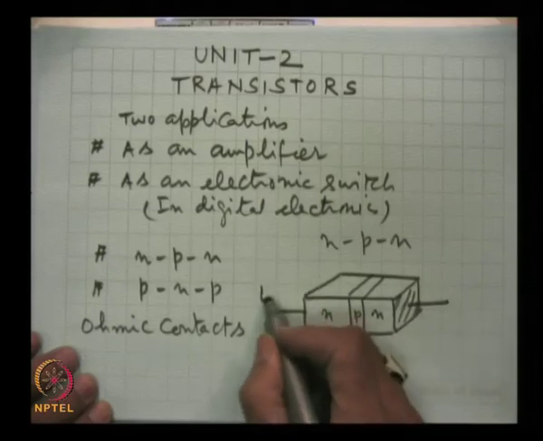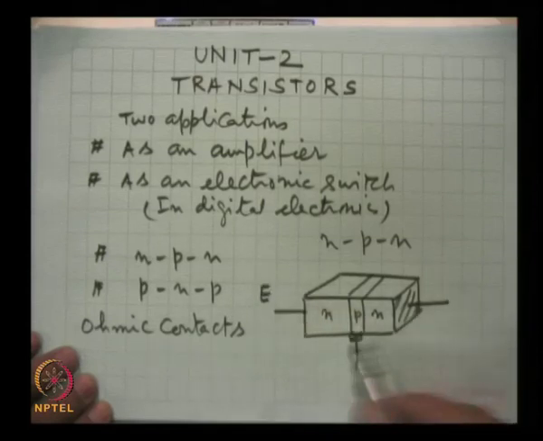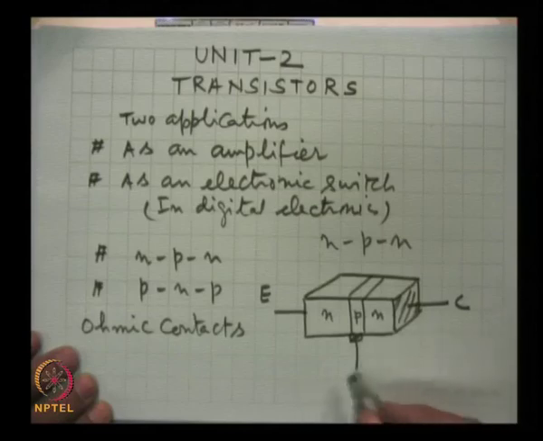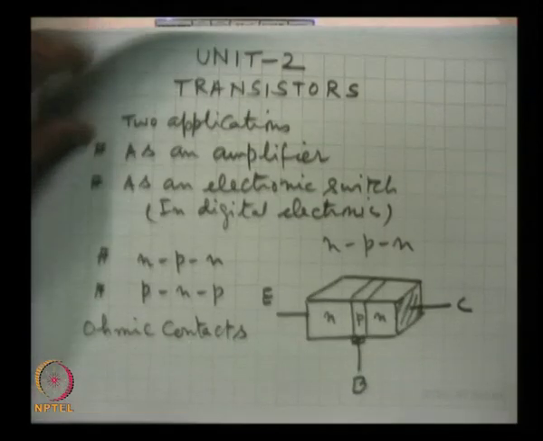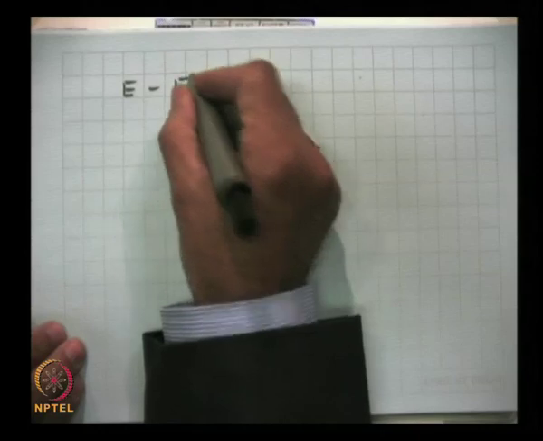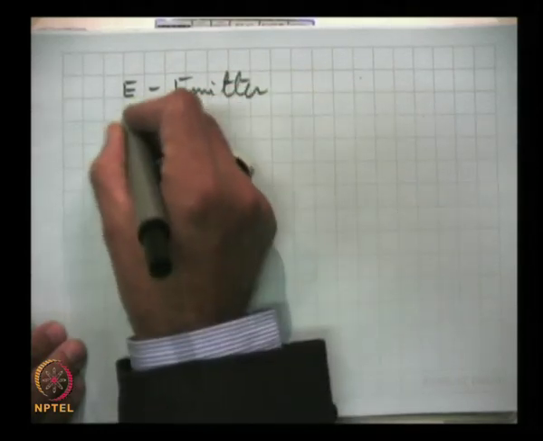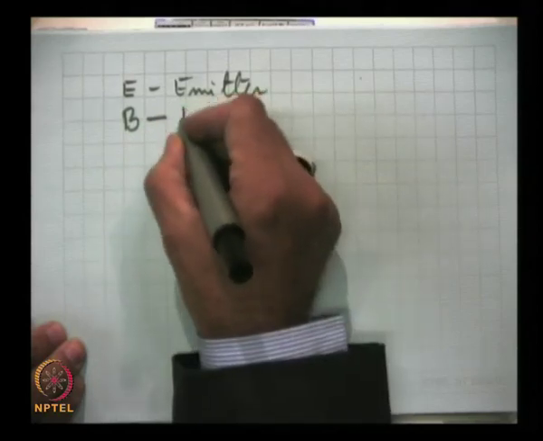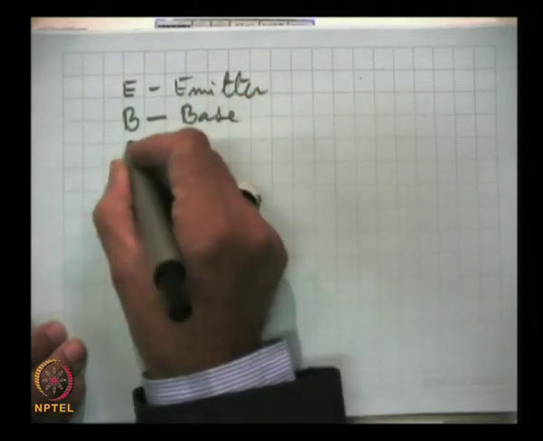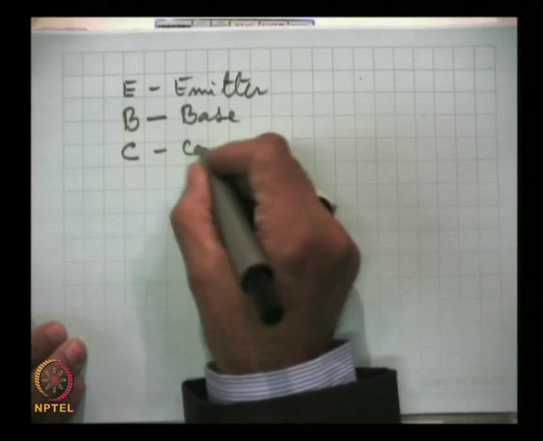This is called emitter, this is collector, this is base. So, E stands for emitter, B for base, and C for collector.